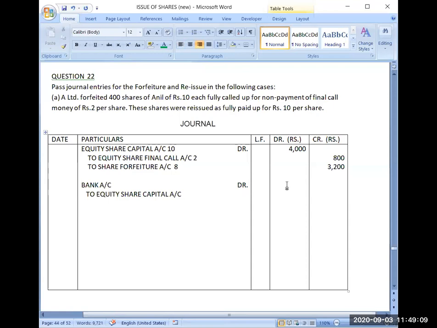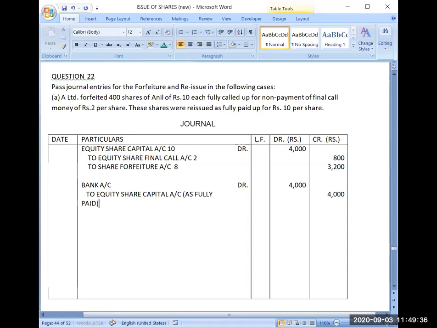Because the question says these shares were reissued, meaning the 400 which you have forfeited, these you have reissued, so it will become 4,000. 400 shares you have reissued, 400 you have forfeited, and the capital will also become 4,000, because it is said in the question as fully paid up. That amount will come here, and for the bank account, the amount is what you are getting. So I hope this process is also clear.